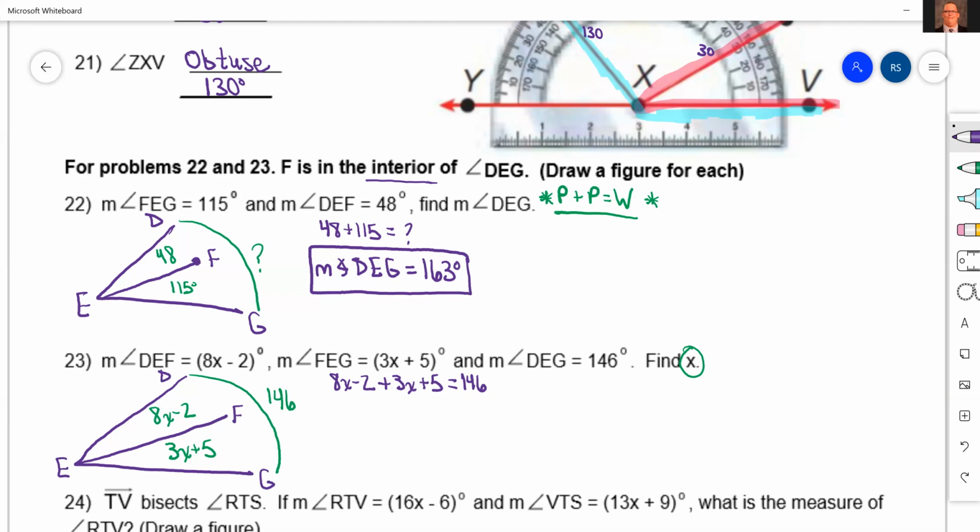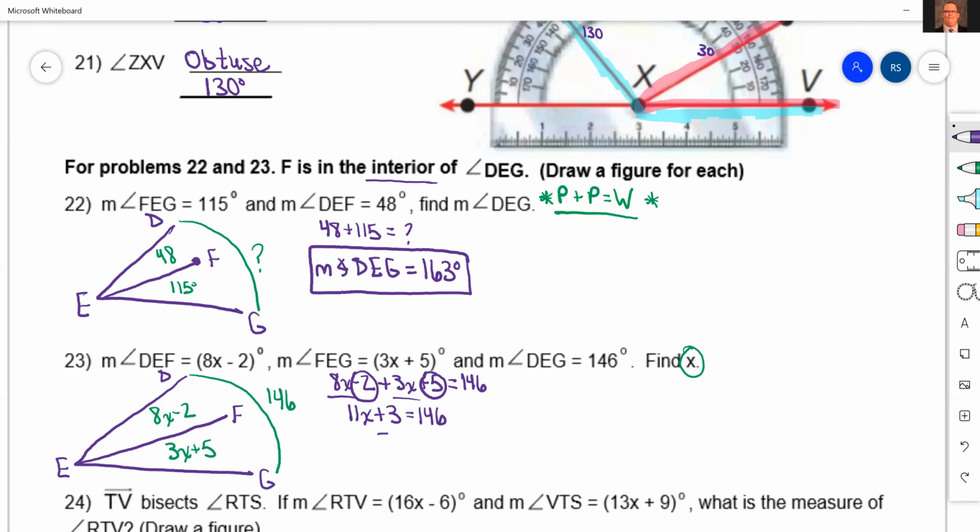Okay. Gotta solve for x now. Combine the x's. 8x plus 3x is 11x. Then we've got our numbers here we've got to combine. Negative 2 plus 5. It's going to be a plus 3 equals 146.